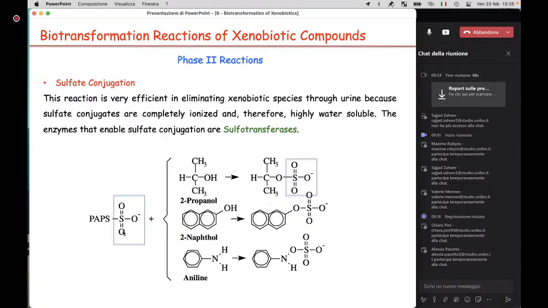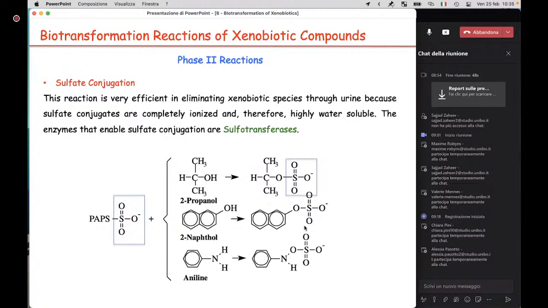Quite frequent is conjugation with sulfate in the body. As you can see here, mainly alcohols or phenols and amines can be conjugated to sulfate.